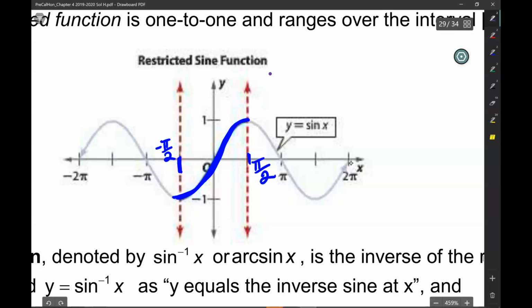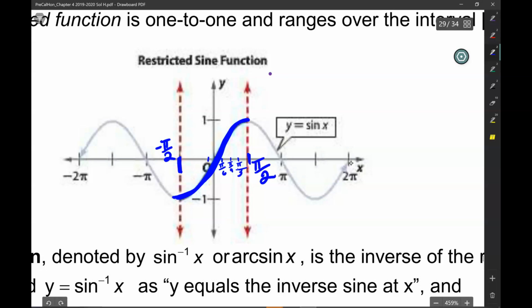So if this is from 0 to pi over 2 on the right hand side, what other angles are here? There is pi over 6, pi over 4, pi over 3.